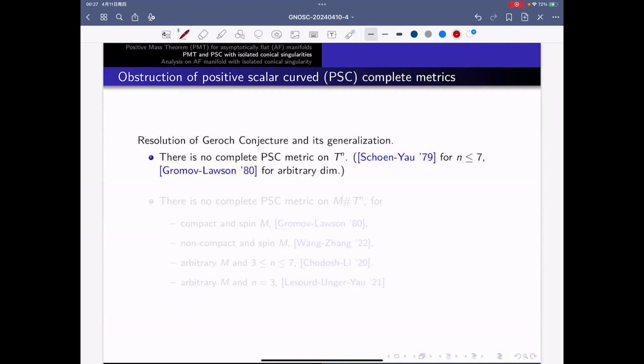The first is a resolution of the Geroch conjecture that says there's no complete positive scalar curvature metric on a torus, proved by Schoen-Yau for dimension, I think, up to 7, and by Gromov-Lawson for arbitrary dimensions with the Dirac operator method. And actually, Gromov-Lawson proved more, for the connected sum of a torus and a compact spin manifold. And this torus can be replaced by an enlargeable manifold, a very important concept introduced by Gromov-Lawson.